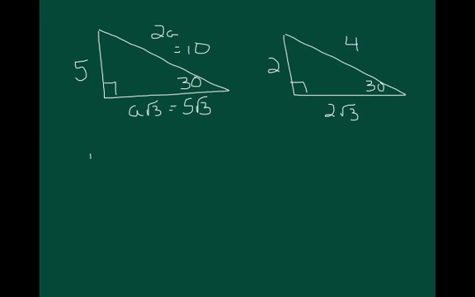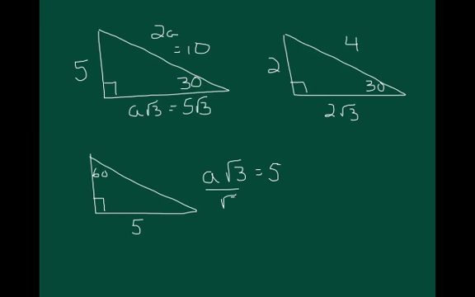Now the problems get a little bit more difficult when the side opposite the 60-degree angle is the whole number. Because now it's not a that equals 5, it's a root 3 that equals 5. So in order to find a, we'll divide both sides by root 3 and then simplify.